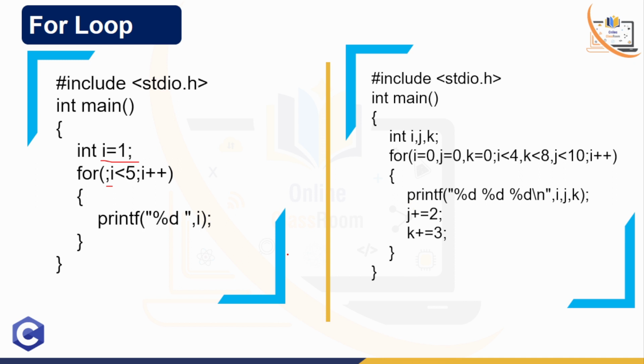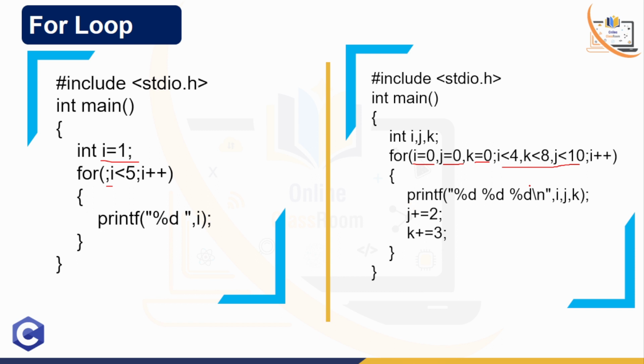So it means the value of i equals 0 at the first time, j equals 0 at the first time, and k equals 0 as well. In my previous slide, I already told you that multiple initializations can be done, right? But here multiple conditions are also supported by for loops.